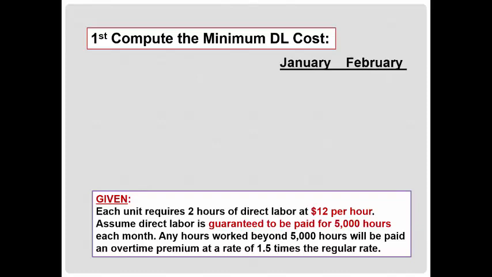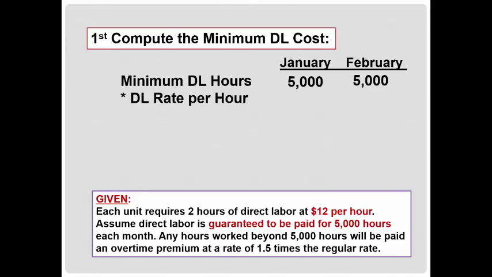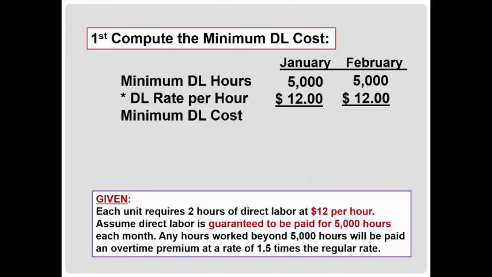So we know at a minimum in both January and February, the minimum hours is 5,000, and we pay our regular labor rate of $12 an hour for each of those 5,000 hours. So at a minimum, labor cost in January is $60,000 and February is $60,000.